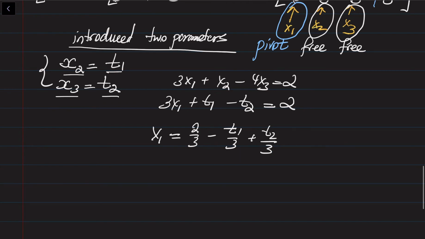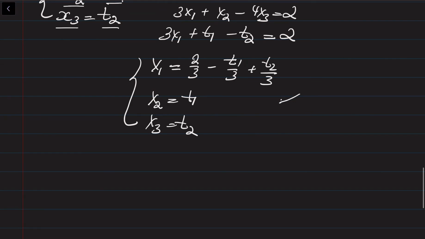At the same time, x2 is equal to t1 and x3 is equal to t2. So this is going to be the solution space, which is going to depend on the two parameters.